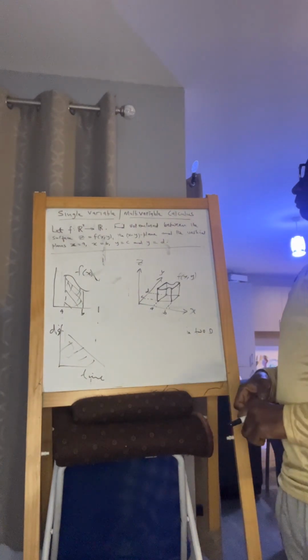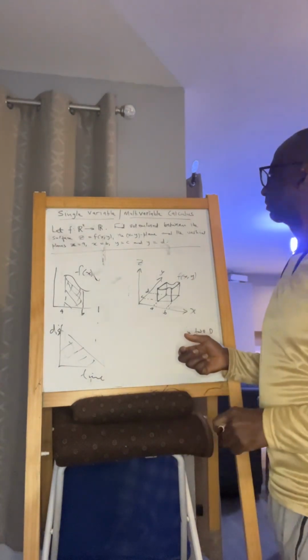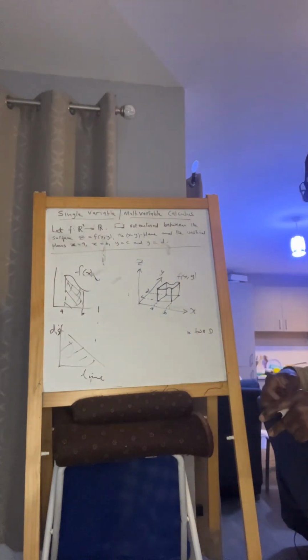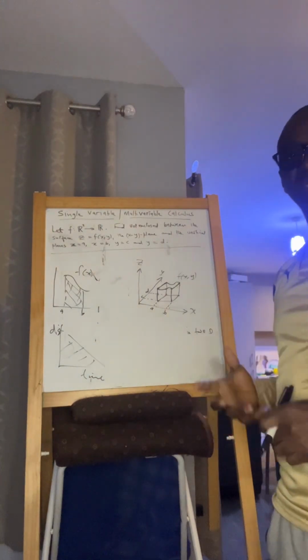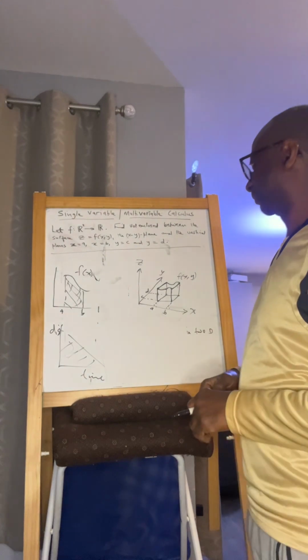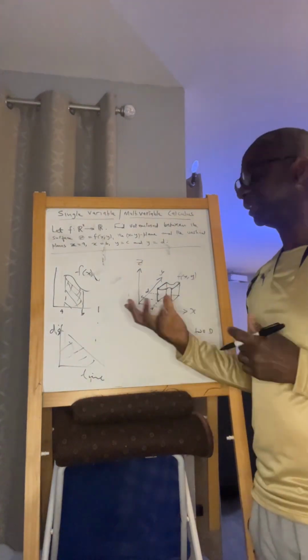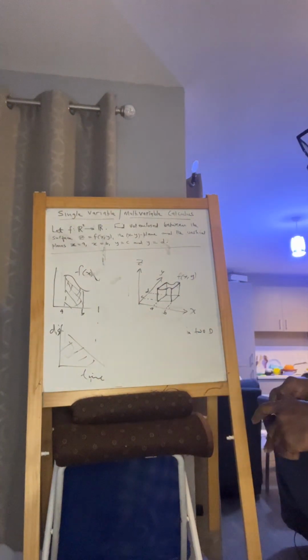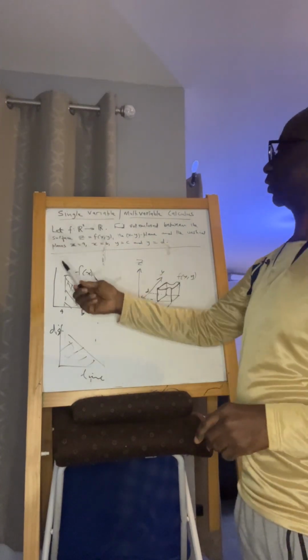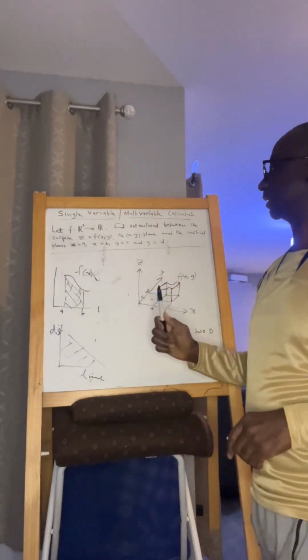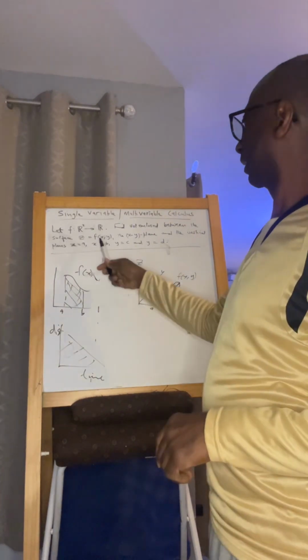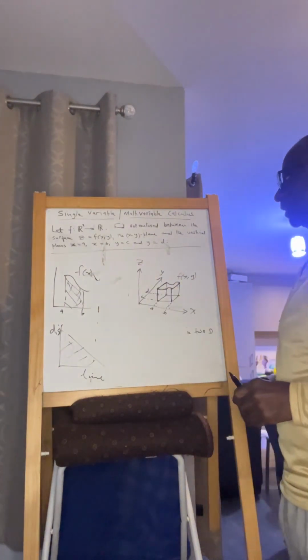But we are interested in integrating functions from multivariable calculus. Why? Because this is more real. Here we are dealing with two dimensions. If you have a function f, it's such that real numbers are mapped to real numbers.